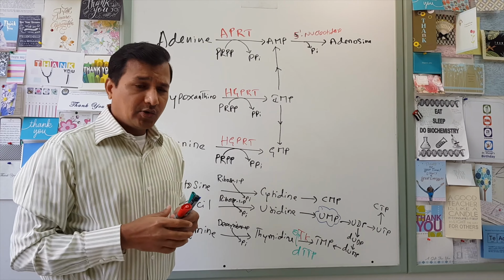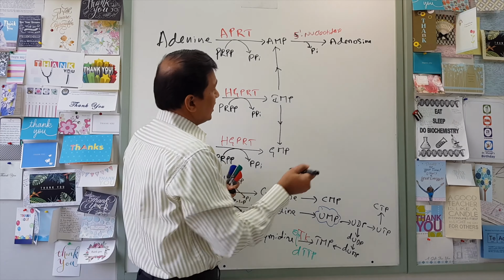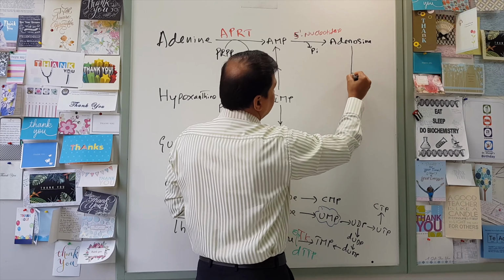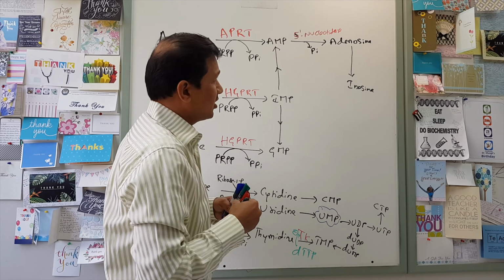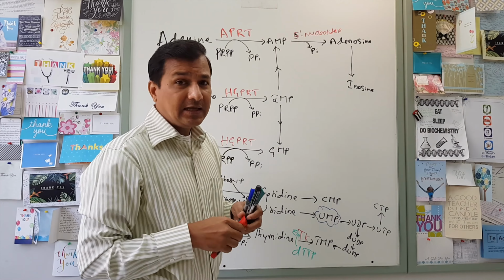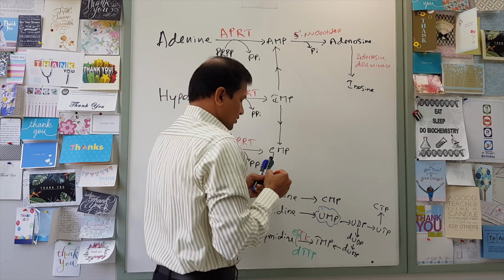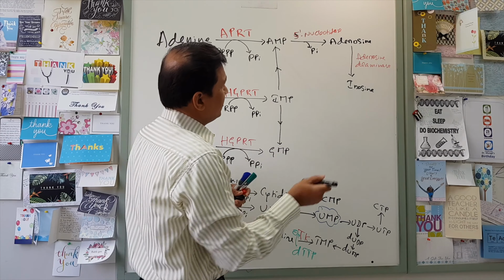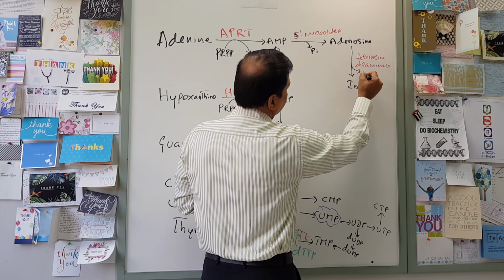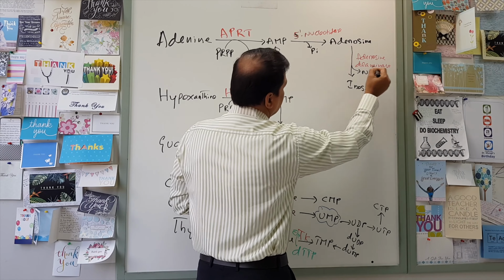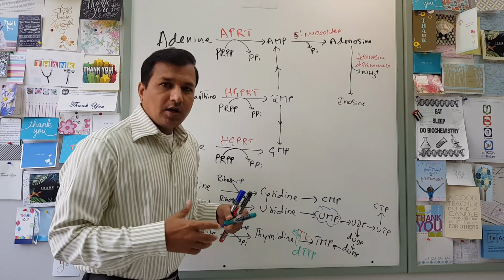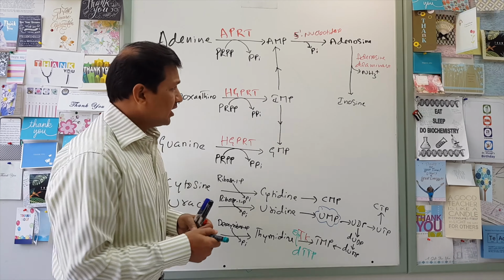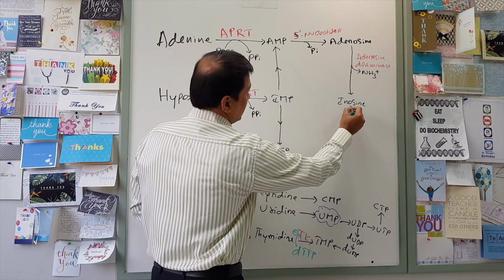Now what will happen to adenosine? Adenosine is converted into inosine. This job is done by the adenosine deaminase enzyme. During this reaction, there will be release of an ammonia molecule, NH3. So that's how adenosine is converted into inosine. Now what will happen to inosine here? Inosine is converted into hypoxanthine.